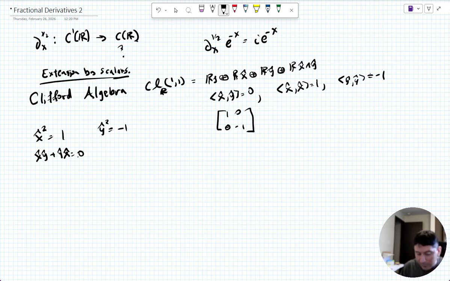So what we're going to do is define the A operator to be (x plus y) over 2 and the B operator to be (x minus y) over 2, right?